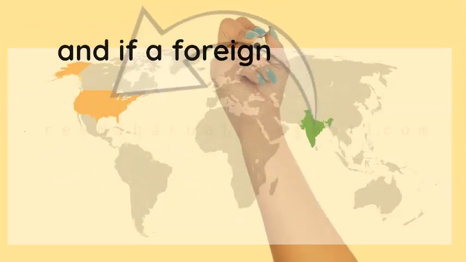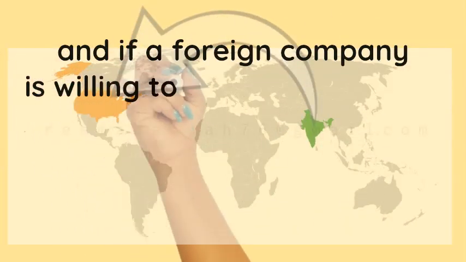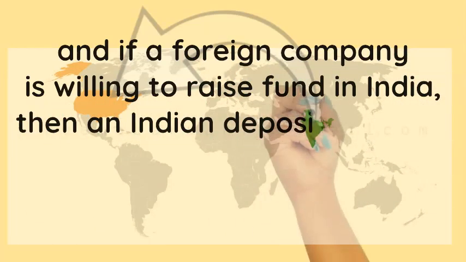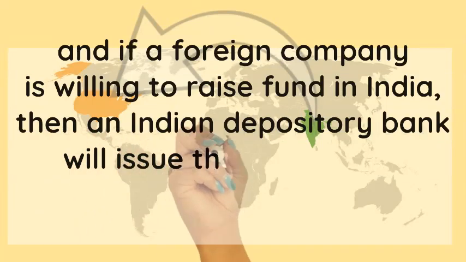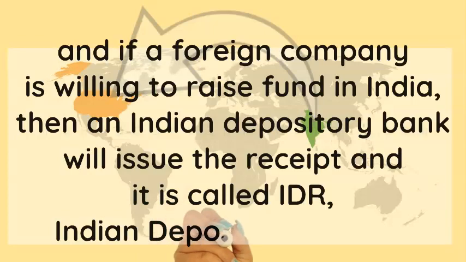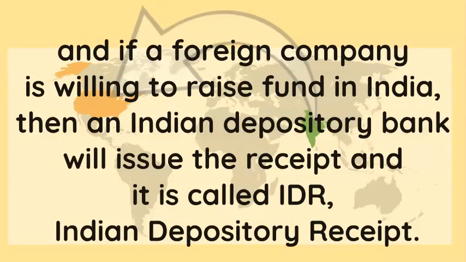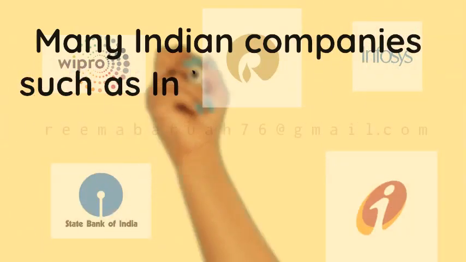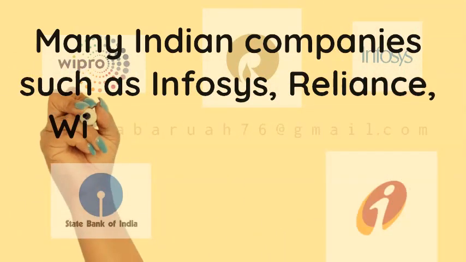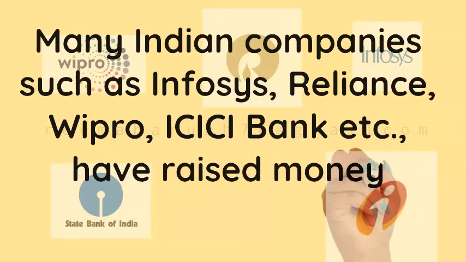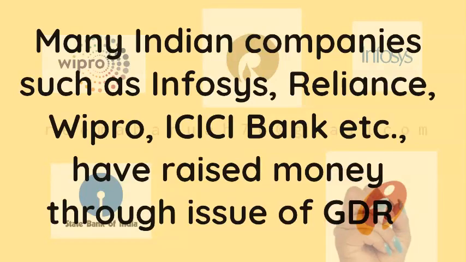And if a foreign company is willing to raise fund in India, then an Indian depository bank will issue the receipt and it is called IDR, Indian Depository Receipt. Many Indian companies such as Infosys, Reliance, Wipro, ICICI Bank, etc. have raised money through issue of GDRs.